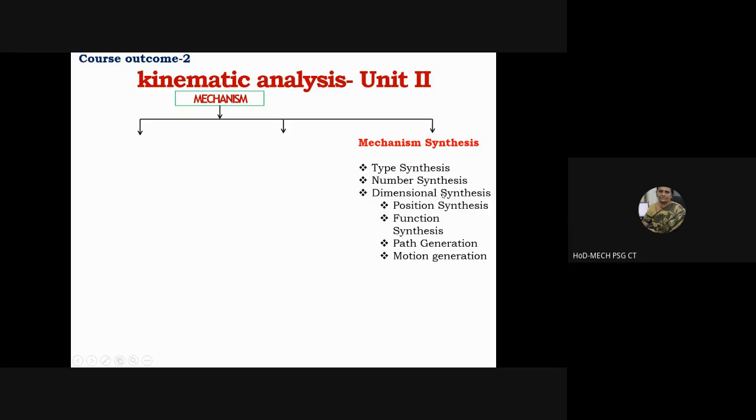So we can synthesize a mechanism for coordinating positions or for coordinating angles and or for coordinating their derivatives like velocity and acceleration also, but of course I think we did not touch that. The three major classifications of dimensional synthesis are function synthesis, path generation, and motion generation. I'm sure you are all familiar with all this.